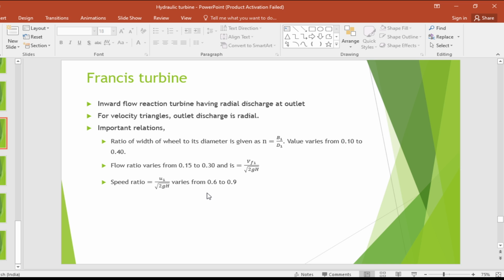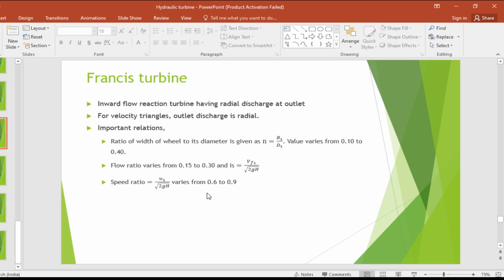But here the vw2 value is 0, so the relation is only rho q vw1 u1. Also, the relations for hydraulic efficiency and the work done per second per unit weight of water striking change, and only VW1 U1 will remain in those relations.